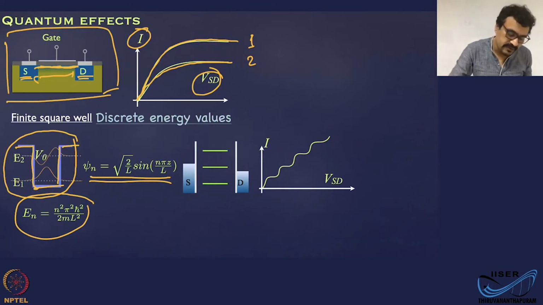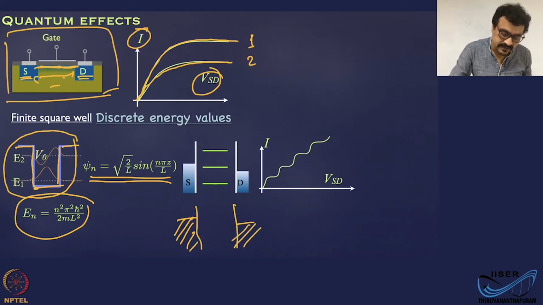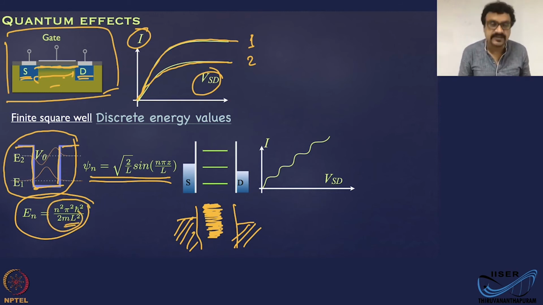So you don't have a continuum of states as described in this case. Let's consider that in a classical system, you have a continuum of states here. Okay, it's all throughout filled. Because the spacing between the levels is inversely proportional to the size L, where L is the size of the well.